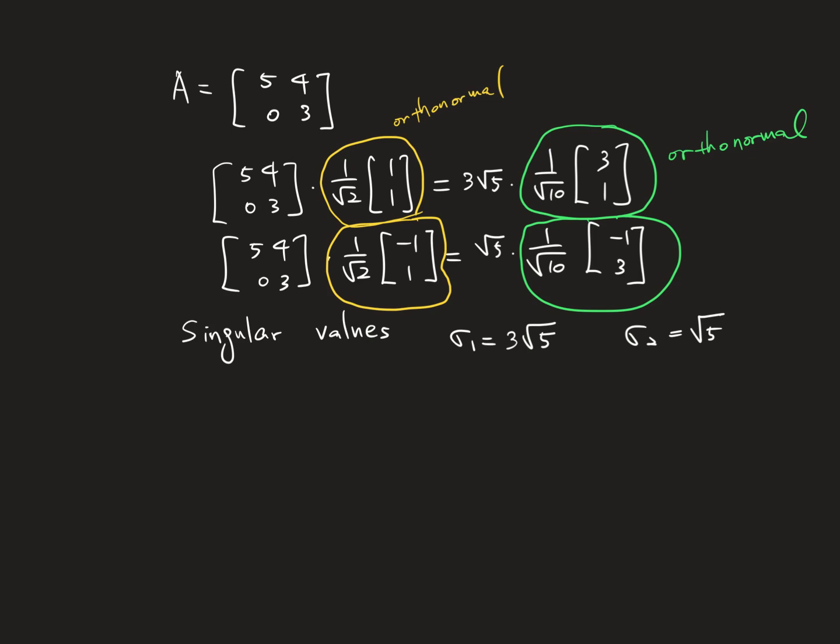So we have two singular values here. Singular values are scalars, and we have two sets of singular vectors.